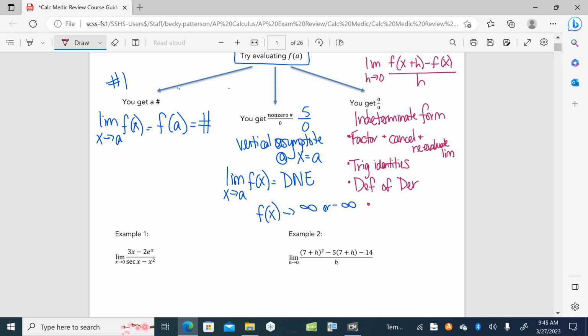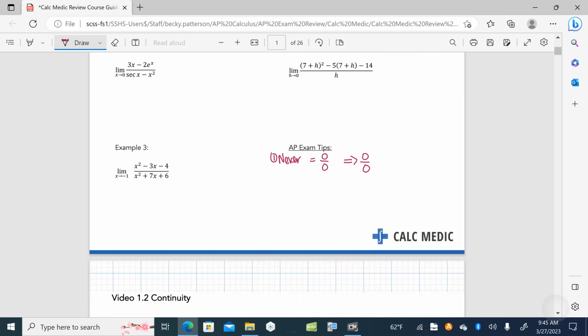Another method you can use when you're doing an analytical limit, which means you're using algebra, is you can always refer to the graph or a table. And this is going to bring us down to our second exam tip.